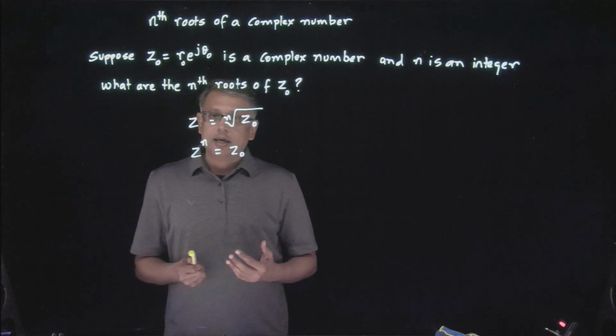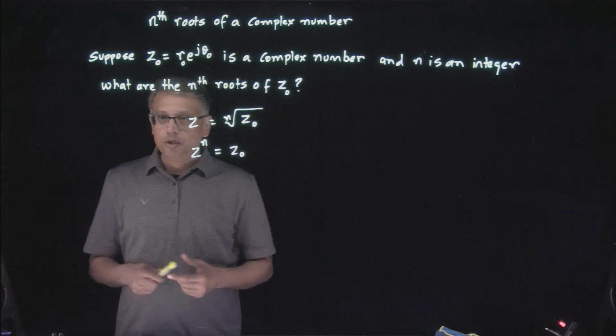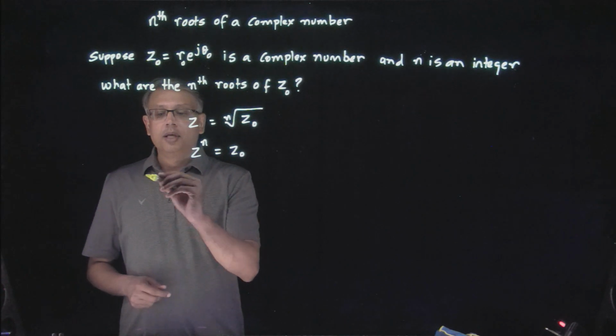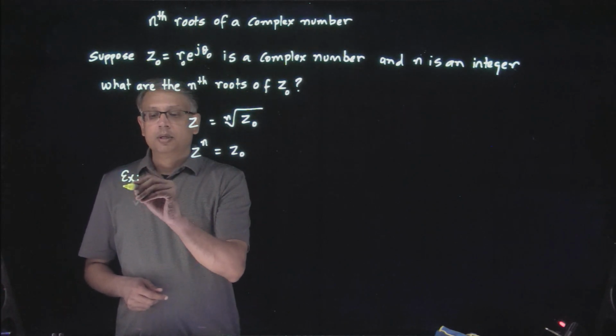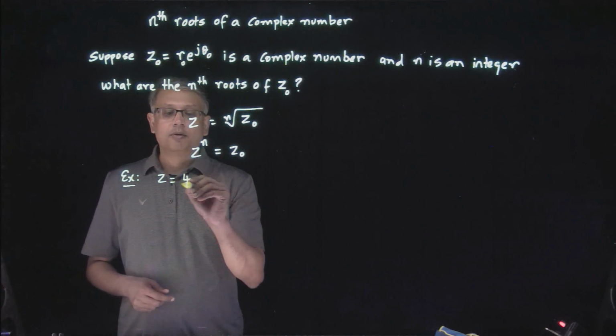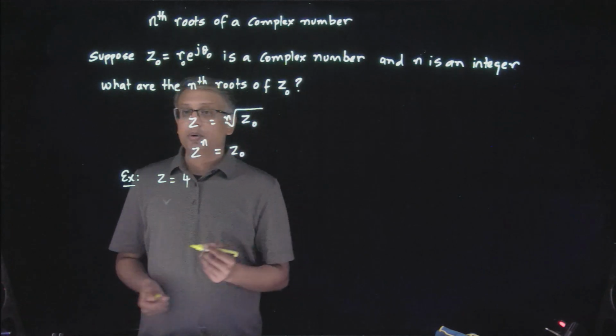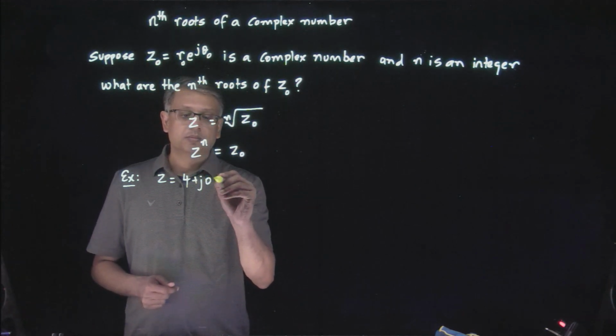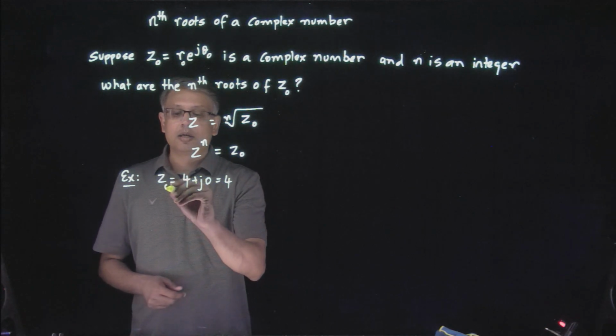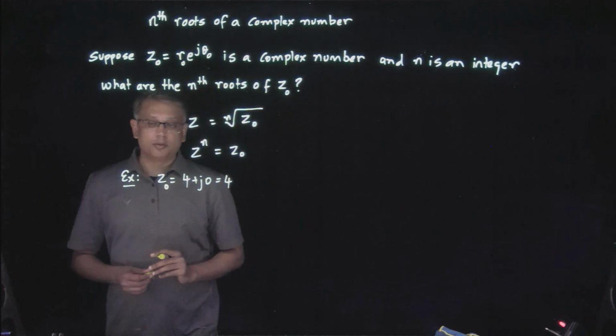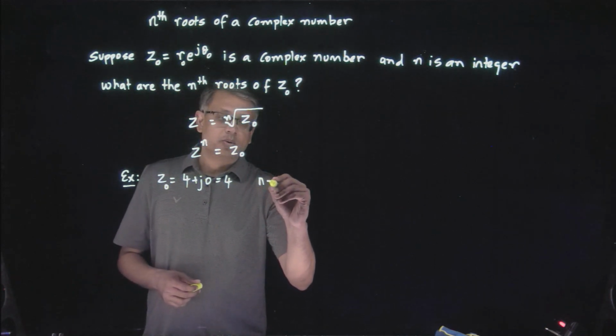this is actually a natural extension of something that you are fairly used to. So for example, let's take a simple example. Suppose z naught is the complex number 4, which is 4 plus j0, right? And let's say n is 2.